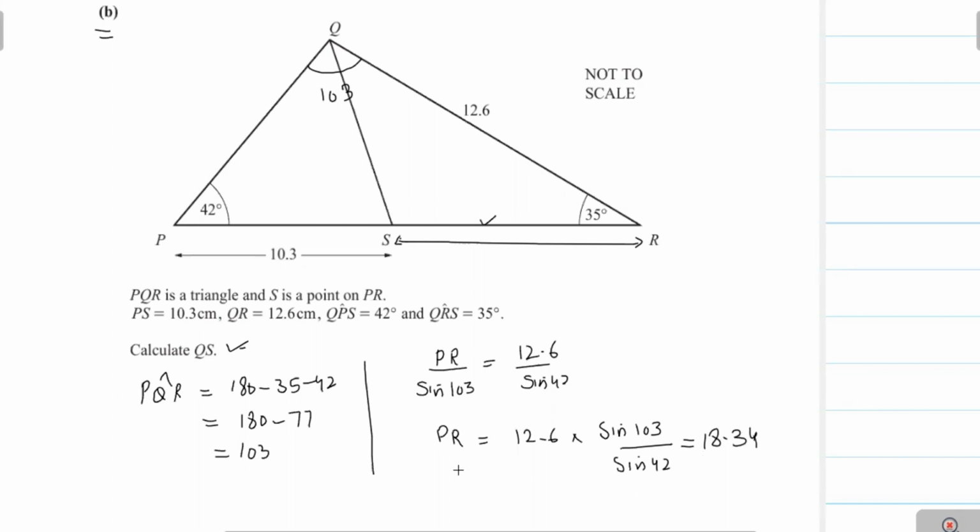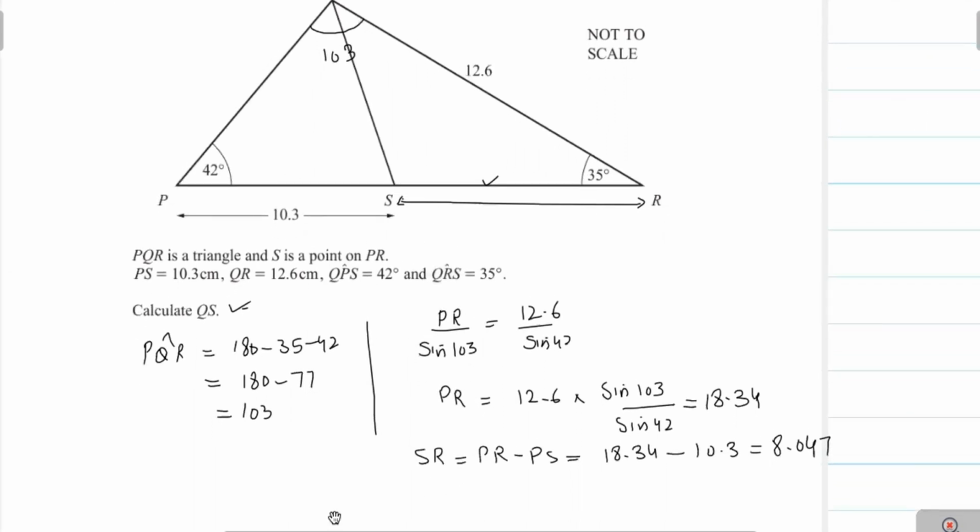And we calculate the length SR. This will be equal to PR minus PS, and this is 18.34 minus 10.3, and this will be equal to 8.04047. This is the length of SR, and we write here 8.05 is length of SR.